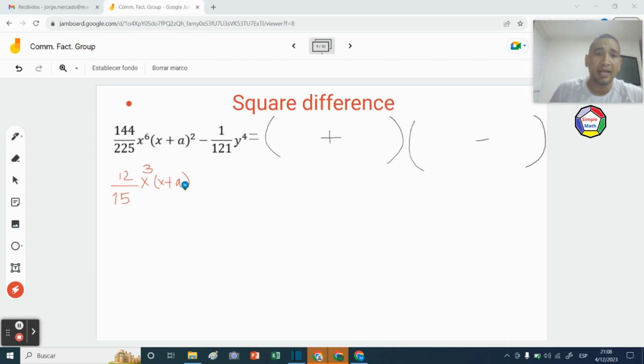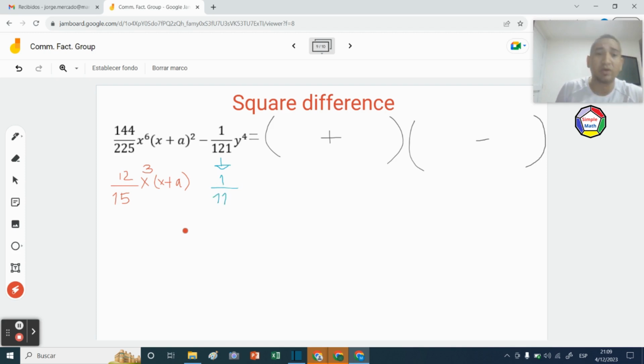Which is the square root of this term? The square root of 1 is 1, and the square root of 121 is 11. So we write 11.